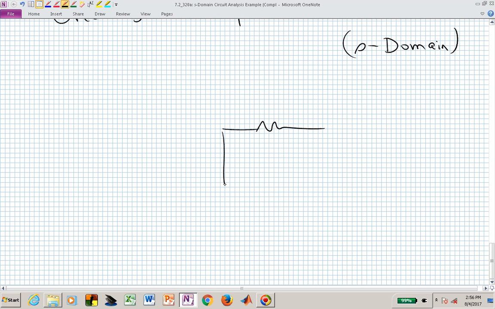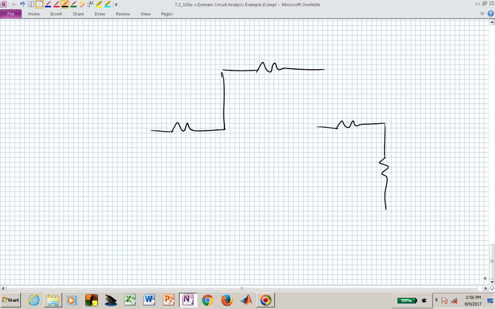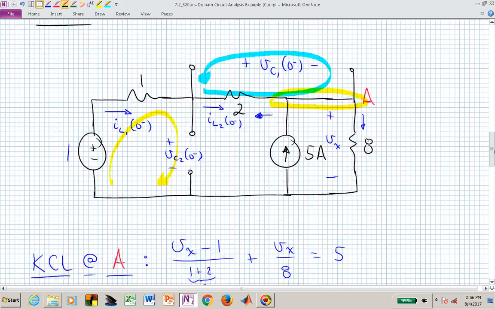And if I do that, let me sort of do it in stages. I'm going to go ahead and fill in the resistors that I know exist because they haven't changed. And they come through unaltered in the S-domain circuit. We also have a source over here, and it was a cosine in the time domain.